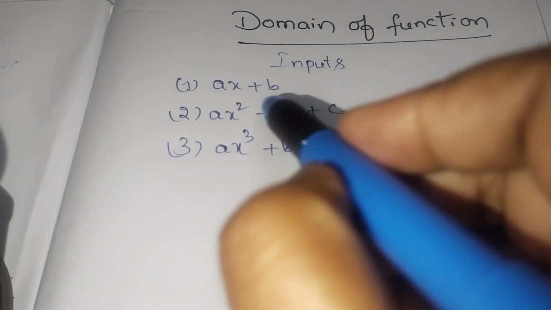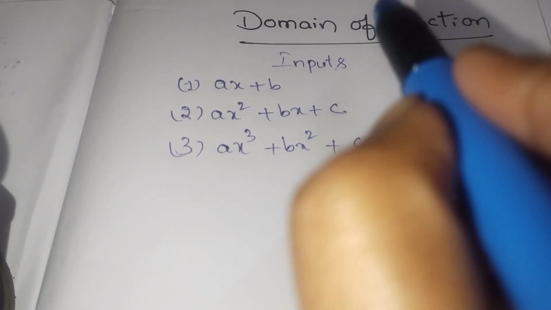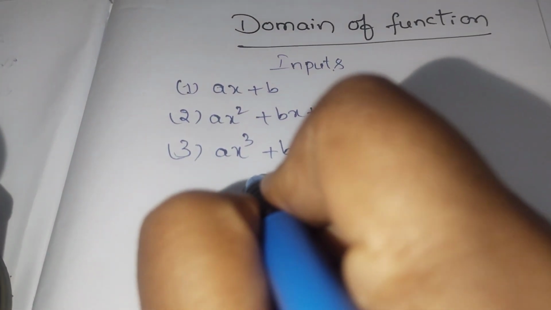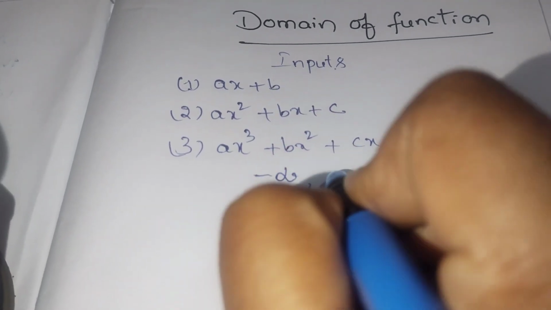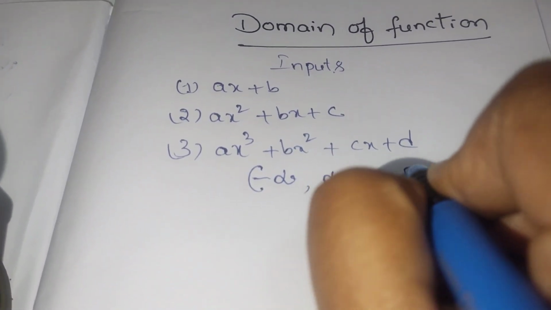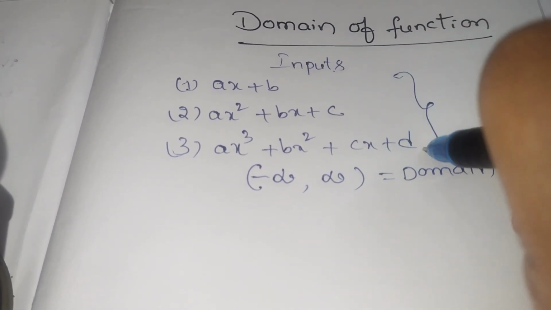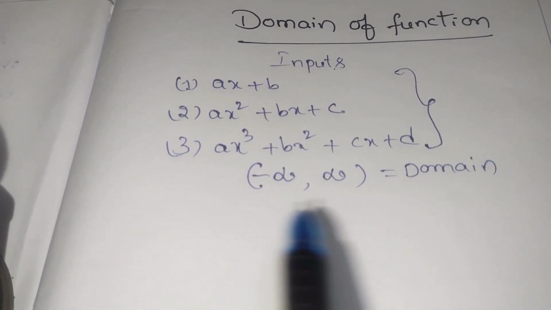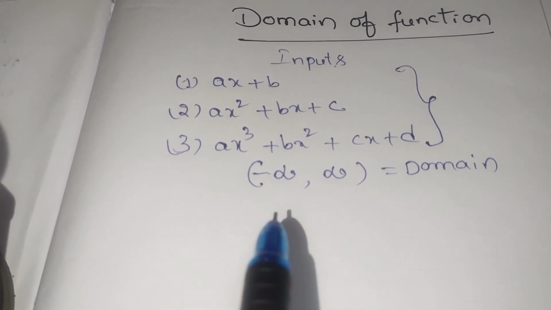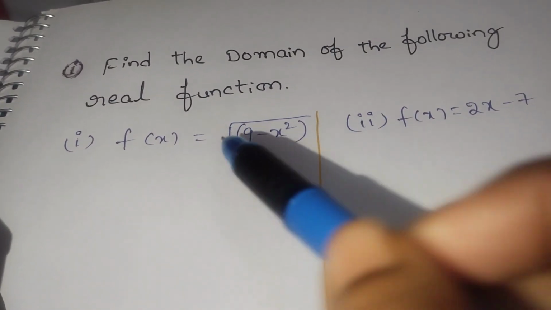Whatever the polynomial function, we have a standard domain, that is minus infinity to plus infinity. So this is the domain for the simple polynomial functions. This is the standard domain. It can't change. Now we discuss questions on the domain.